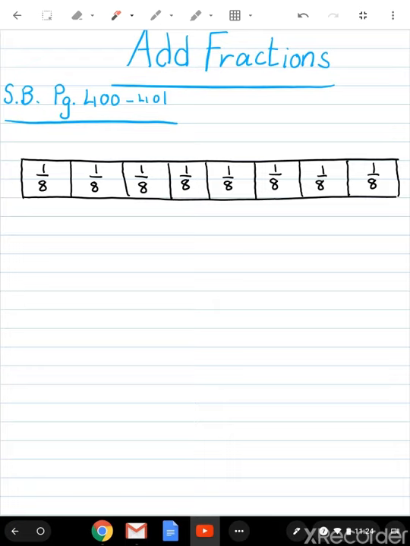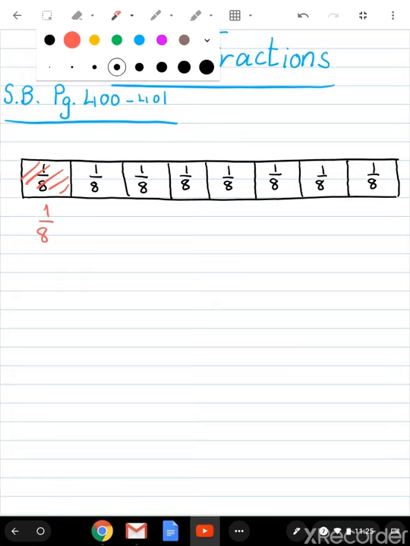If I have here the fraction bar and I cut it into 8 equal parts, then I shade one part here. So here I have 1 out of 8.